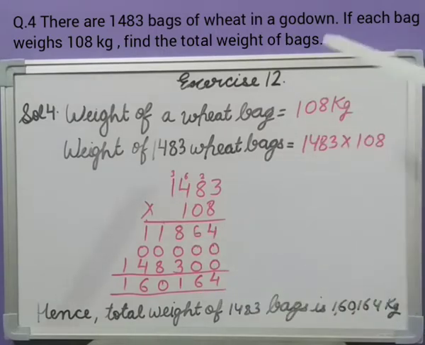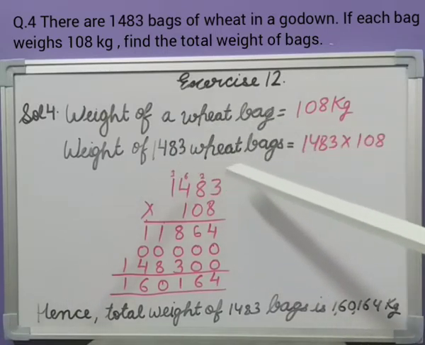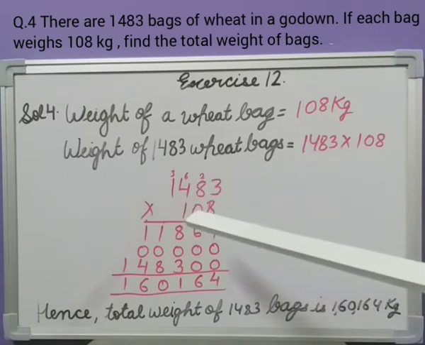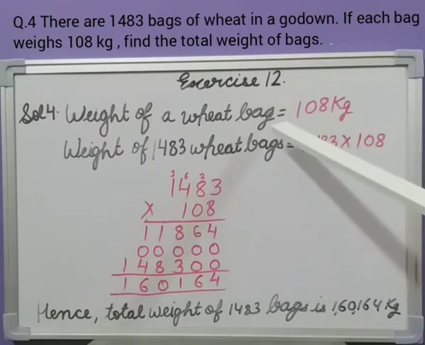So, we have to add 108 how many times? 1,483 times. So, when we add again and again, we can multiply. So, we are going to multiply 1,483 number of bags by 108 kilogram, that is the weight of each bag.